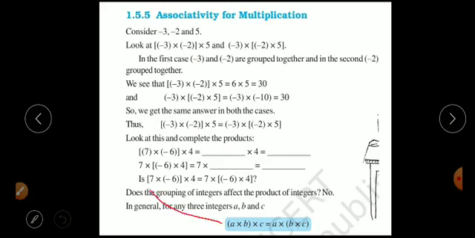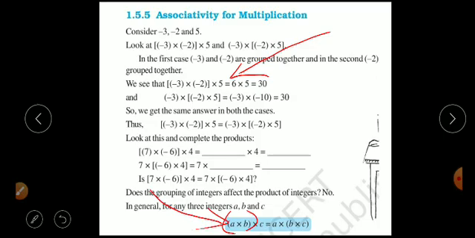Here you see the associative property for multiplication. Now we take the example. Here you see (a into b) into c.